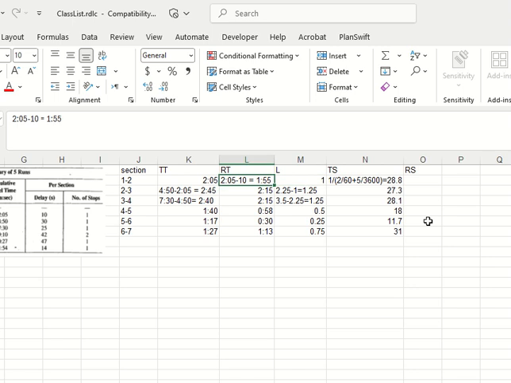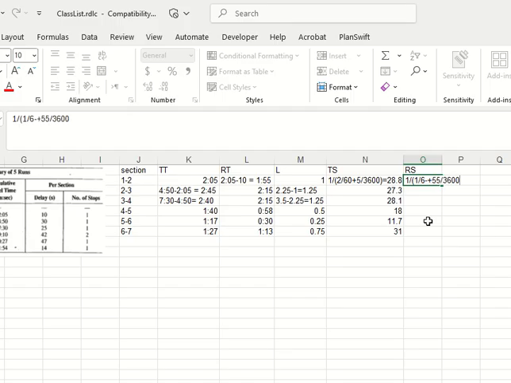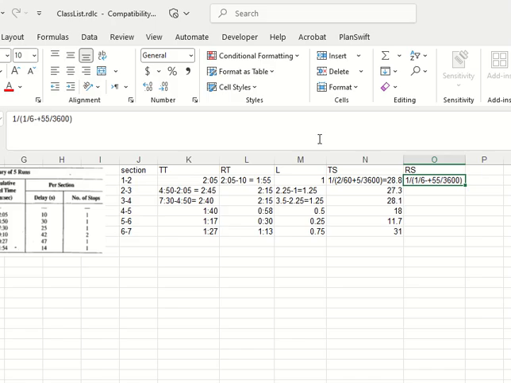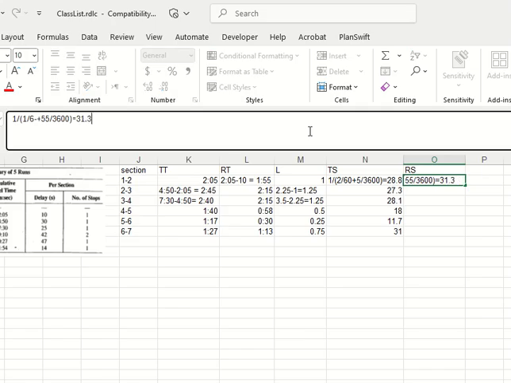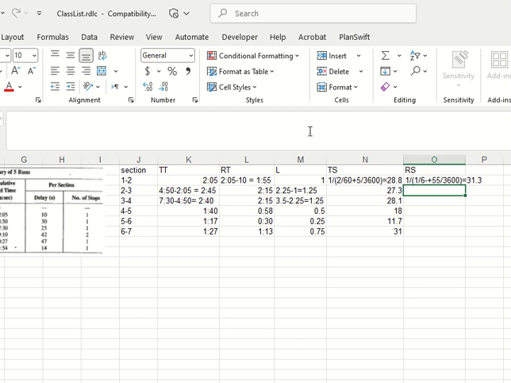You'll take the same distance, but divide by this time. Okay, running times. So the first one will be 1 divided by 1 upon 60 plus 55 upon 36. Okay, 31.3, then 33.3, 33.3, because these two values are same.